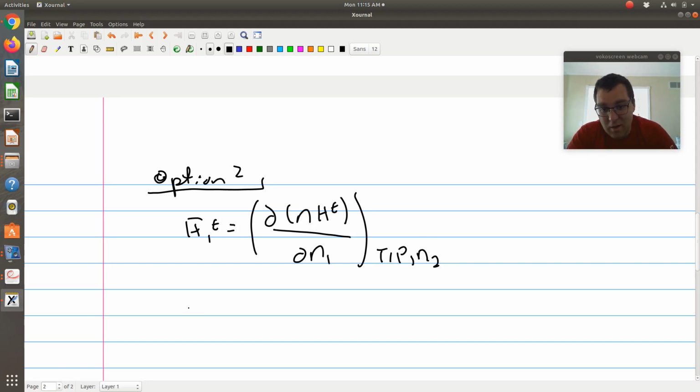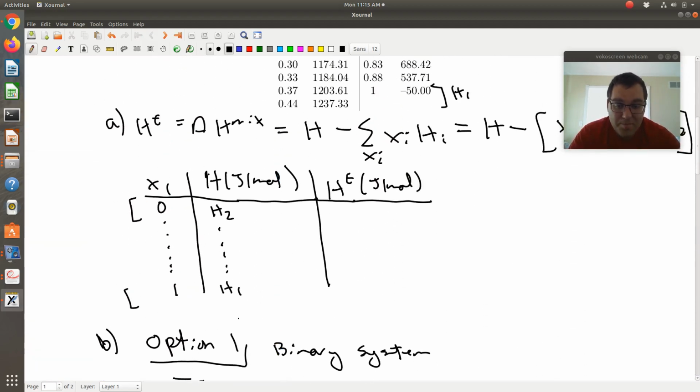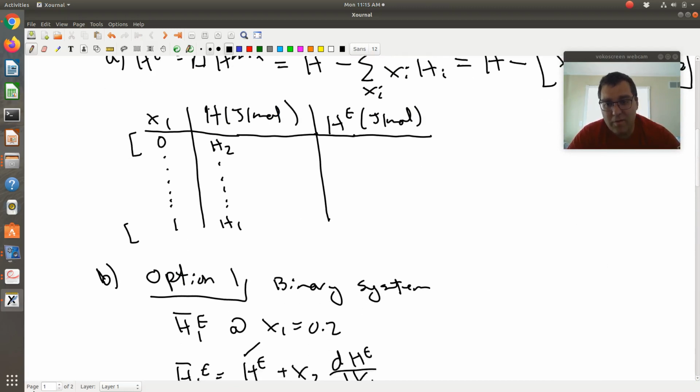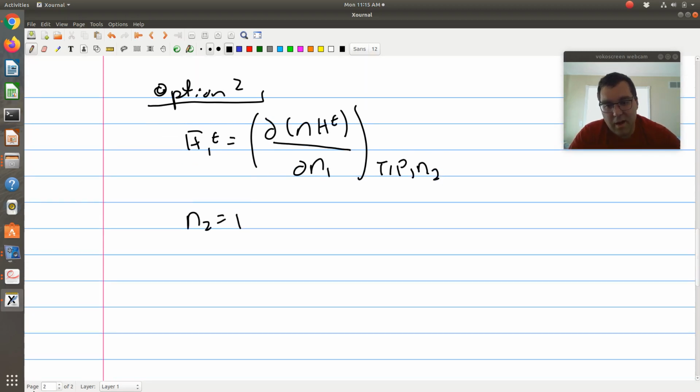So I could take n2 to be equal to 1. If n2 is always 1, then going through your tabulated data, since you know x1, how do I get the moles of species 1? Well, x1 is n1 divided by n1 plus n2.